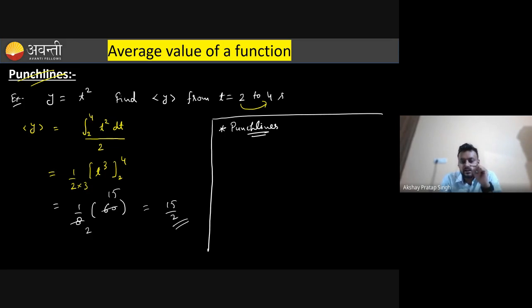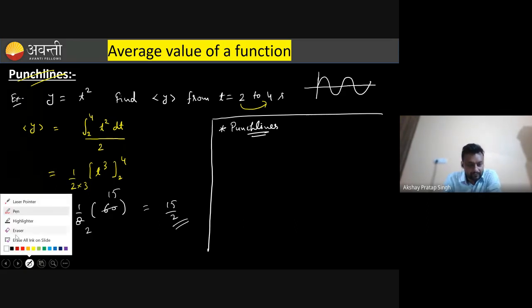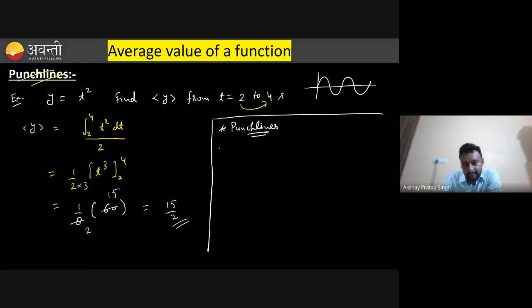So we are talking about average values. You have seen a sine graph, the graph of sine theta. Similarly, you have seen the graph of cosine as well. Now, what is the first punchline?